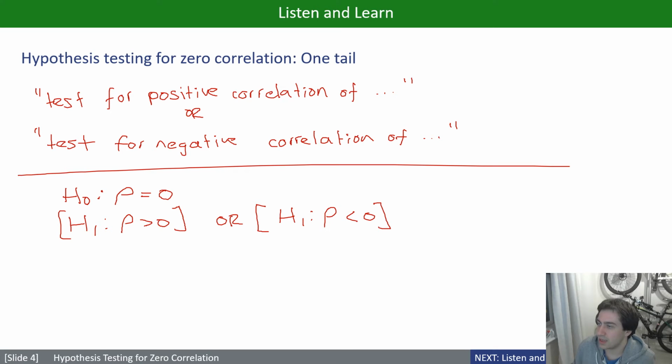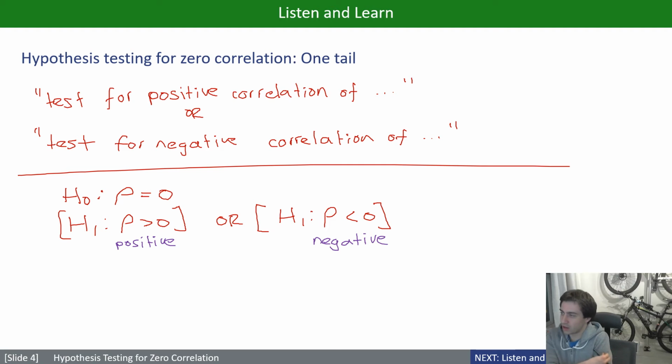You would do the first one if your alternative hypothesis is that there's positive correlation, and you would write the second if your alternative hypothesis is that there's negative correlation. Okay, for our particular example of climate change correlation, that would be a positive test. That's what we're checking for. Is there a positive correlation?